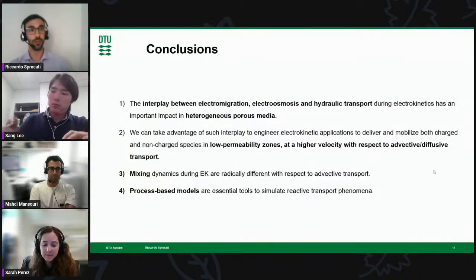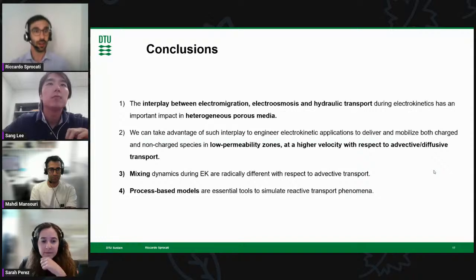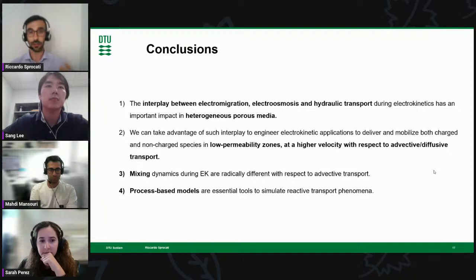So to conclude this work, I just want to summarize the main points that I think are interesting. In this work, we could identify that there is a strong interplay between electromigration, electroosmosis, and hydraulic transport during electrokinetics. And this has a very important impact on heterogeneous transport. Here I just show you one case; in the paper, there are some others.